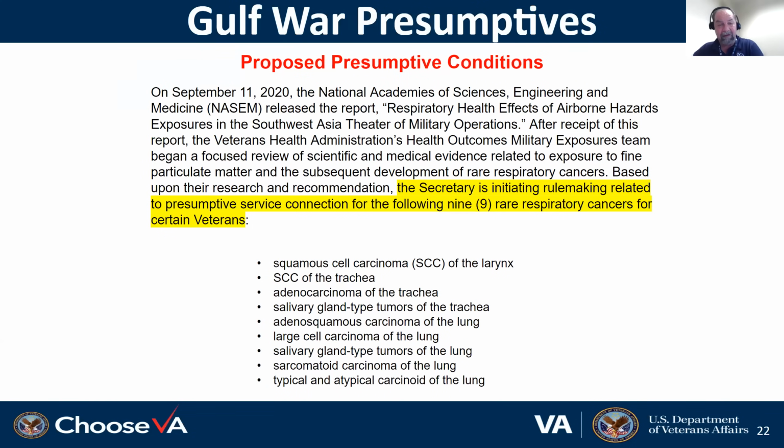So, for instance, if the veteran was a prisoner of war, there are only certain types of presumptive conditions that that individual would be compensated for related to that type of event in their life.